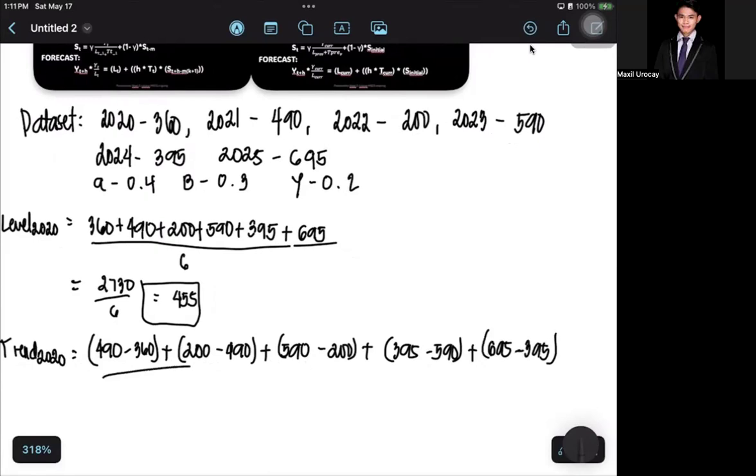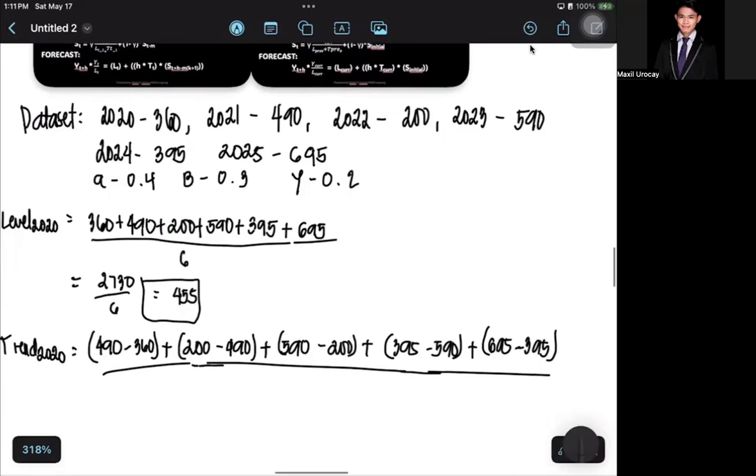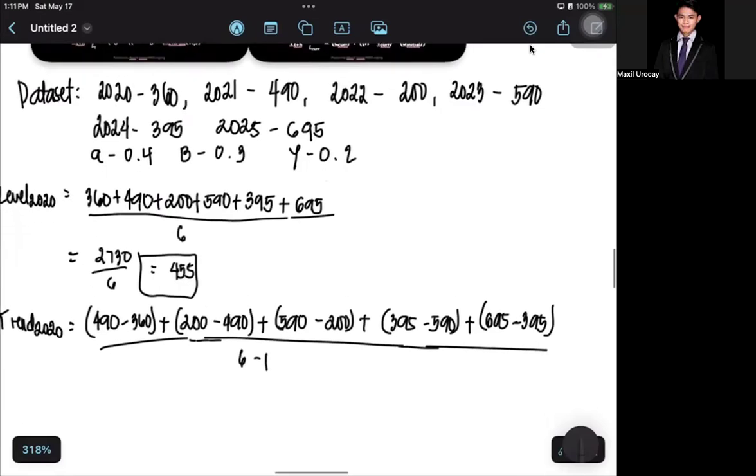This is how you deal with it, and it is over n minus 1, so n is 6 minus 1.